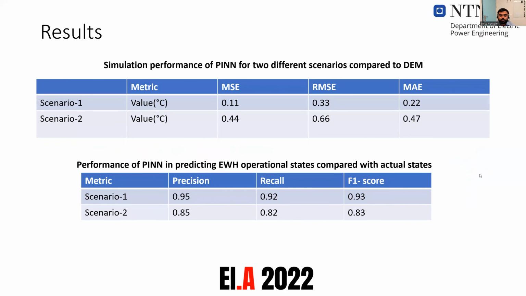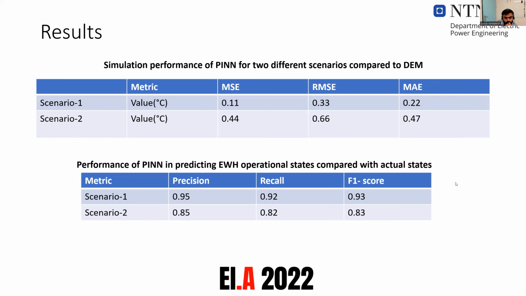So we calculated the performance metrics as well. As you can see, PINN has really close performance. PINN has similar performance to the differential equation model and has high accuracy.